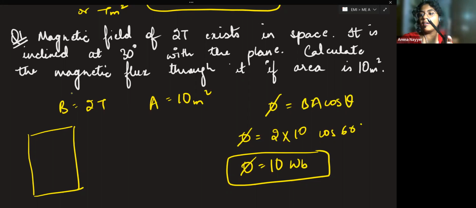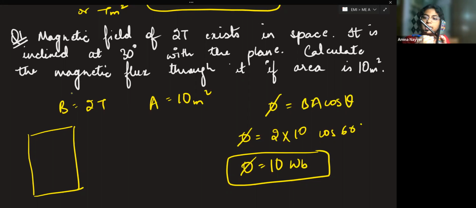What did I tell you? You have to choose a perpendicular as well. If you take a perpendicular to the surface, that gives you the area vector. Forget the magnetic field. If you drop a perpendicular to any part of the surface, that gives you the area vector. And the magnetic field was making an angle of 30 degrees with the plane. What angle do we require? We require the angle between the magnetic field and the area vector.